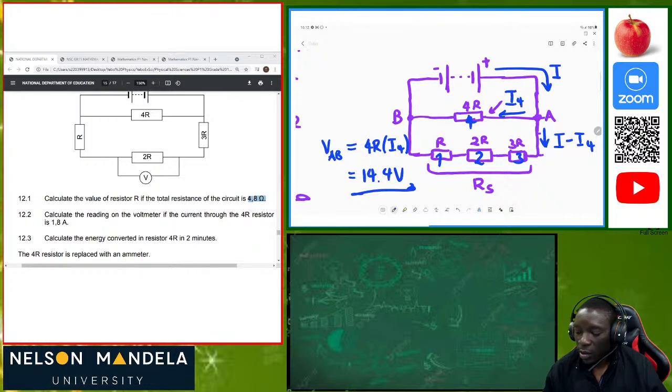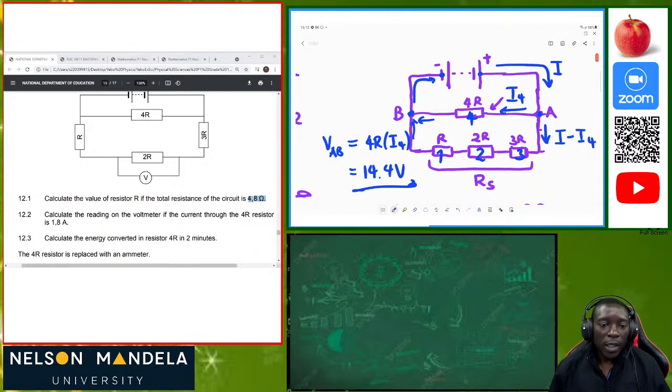So the current recombines there and goes back, so the potential at B is the same as the potential at the negative terminal, and the potential at A is the same as the potential at the positive terminal. So the potential difference between A and B is the same as the potential difference between the terminals of the voltage supply, which is our battery in this case.